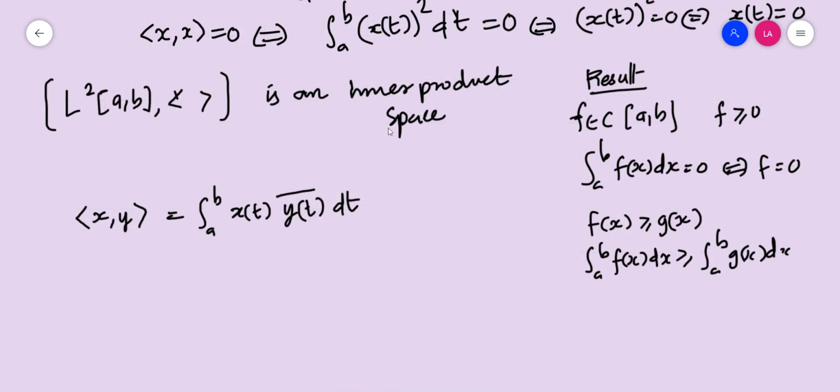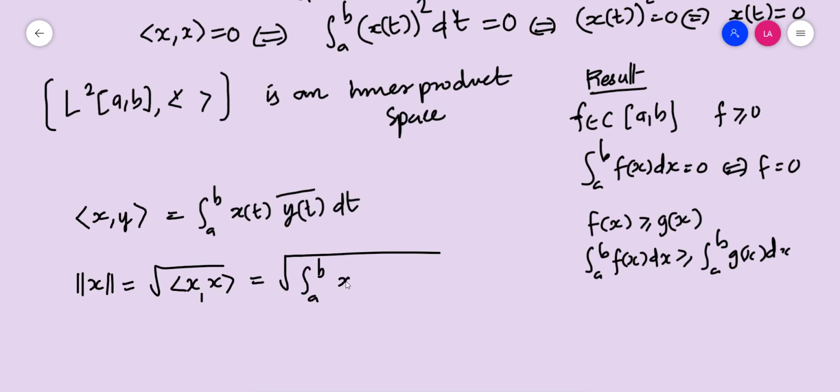And associated with this inner product, we can have the norm of x equal to the square root of the inner product ⟨x, x⟩. So the square root of the integral from a to b of the modulus of x(t) squared dt.